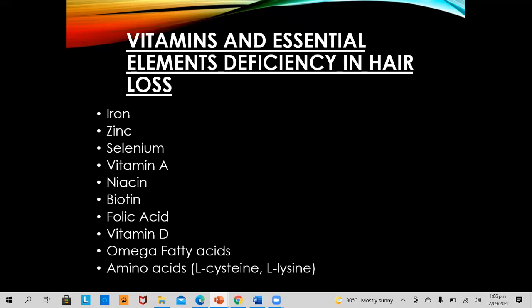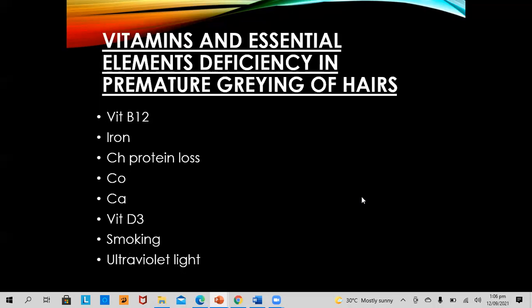So mind you, biotin is not the only vitamin that is the cause of hair loss. There are many other vitamins that are also important. So it is better to give a product that contains a mixture of all these essential vitamins.